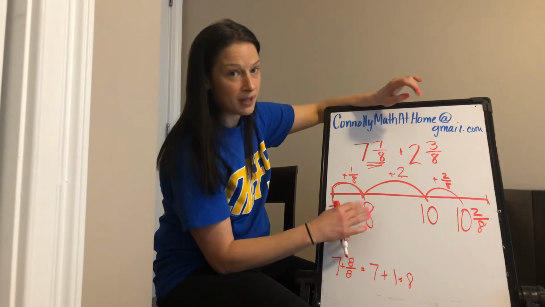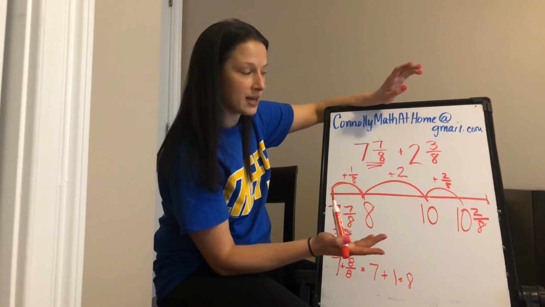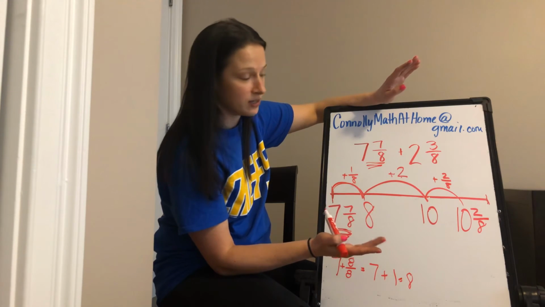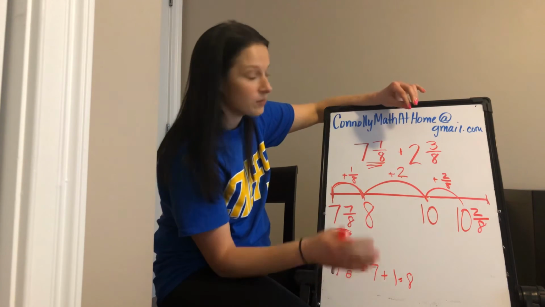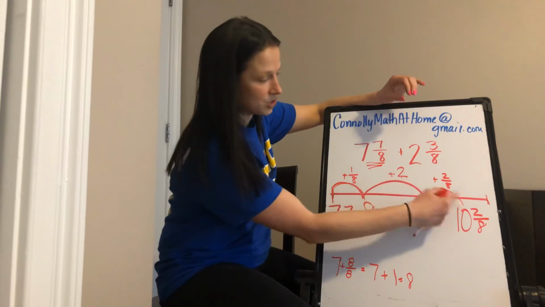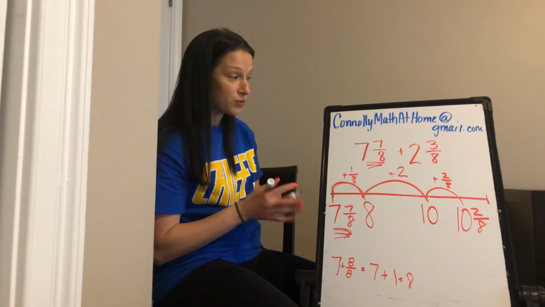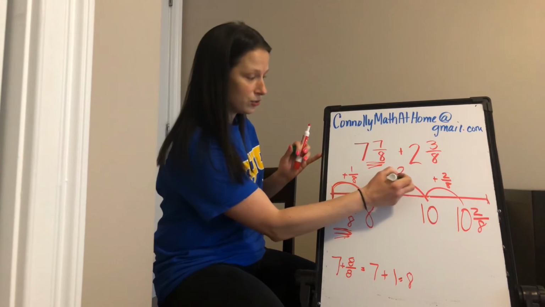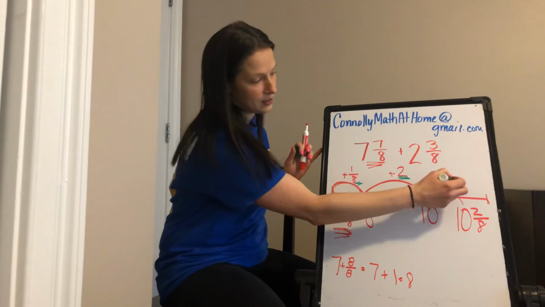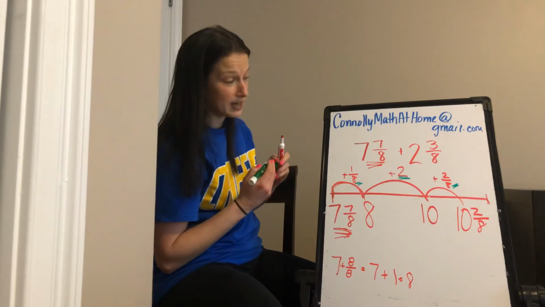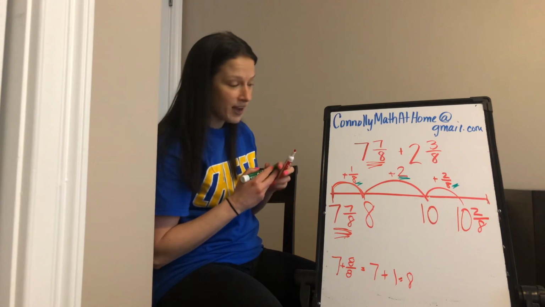Some students were probably like, Miss Conley, why didn't you just add 2 and 2/8 to be more efficient? You could do that too, okay? So this could be one big jump of 2 and 2/8. But where do we see the 2 and 3/8 that we added? I see 2, 1/8 plus 2/8 is 3/8. And where's my final answer?